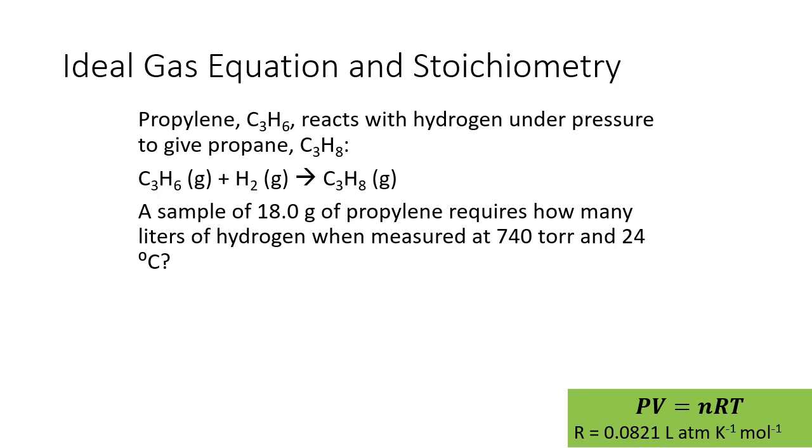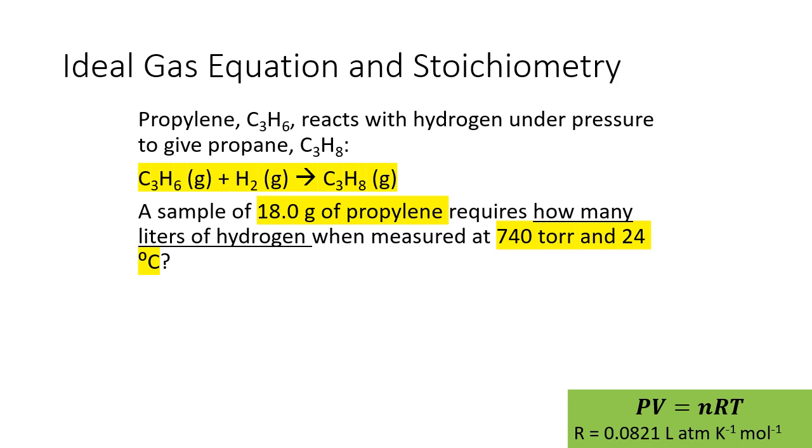All right, so when you have a problem with this many variables, it is a good idea to highlight and underline things that are important. I've highlighted the starting information, so the initial conditions of the reaction, and I have underlined what we're looking for. So we want to know how many liters of hydrogen.